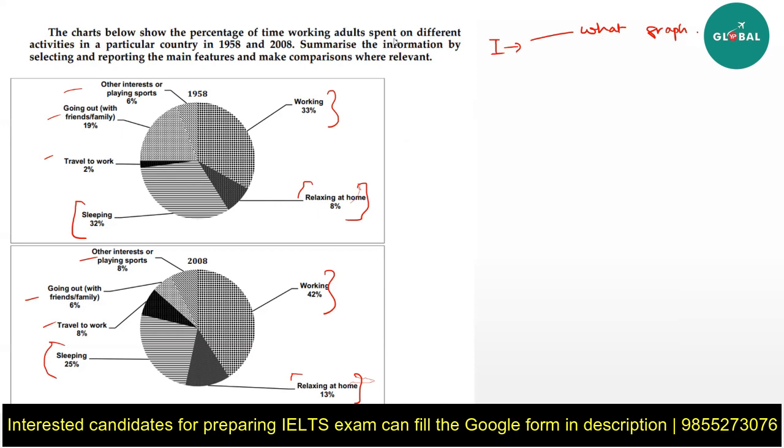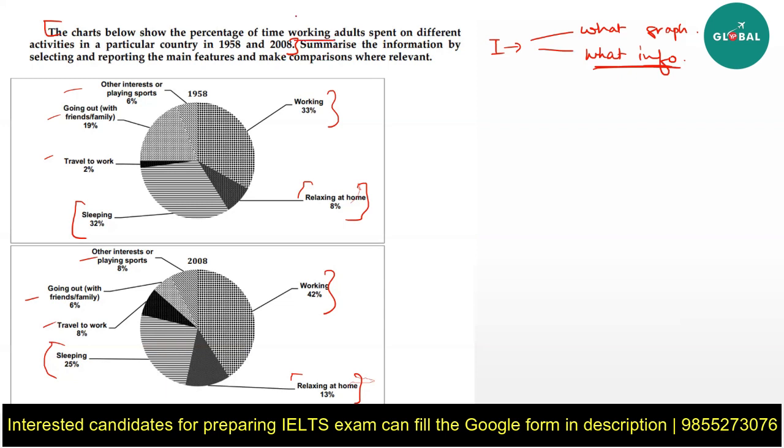Okay, if you're very confused, I will repeat it again. What I have done is that I have shown what kind of graph is given and what kind of information is given. And where did I get this line from? I just reverted the very first line of my question. The question says percentage of time working adults spent on different activities in a particular country in year this and this.